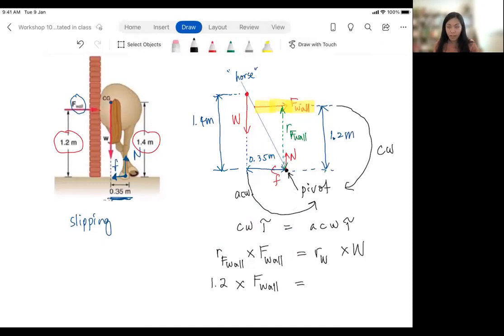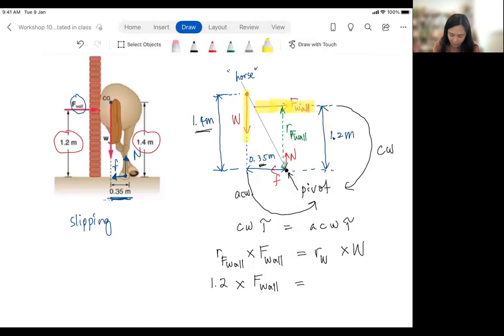Right? Okay, and then for the anti-clockwise torque, it's the weight force. Okay, the weight force is exerted 1.4 meters above the ground, but the weight force is also 0.35 meters away from the hoof, from where the normal and the frictional forces are. In essence, it's 0.35 meters away from where we put the pivot point. Okay, so weight force is down here.